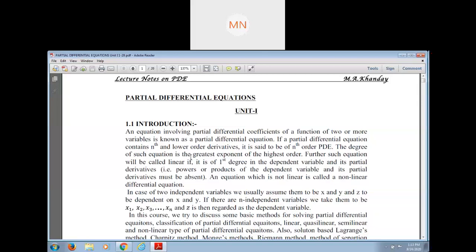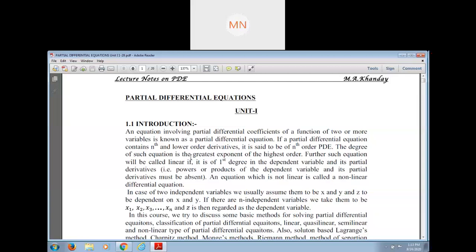Okay, and I think all of you know about the order and degree of differential equation. Yes or no? Do you know about the order and degree of differential equation? Yes, ma'am. Then tell me what is the order of a differential equation?